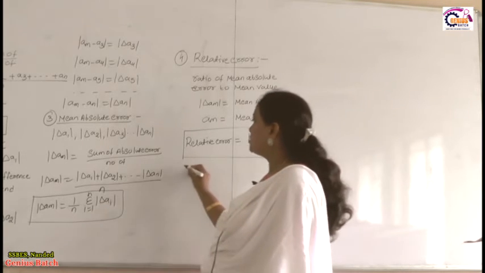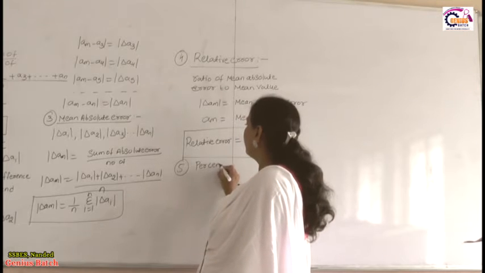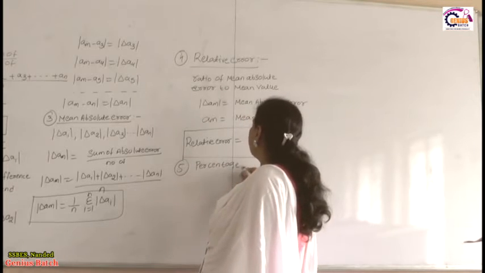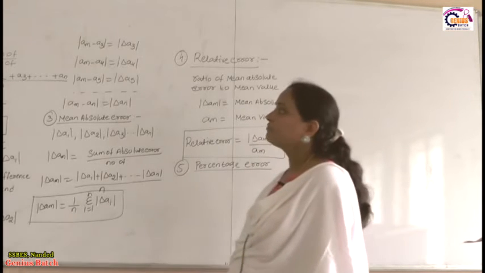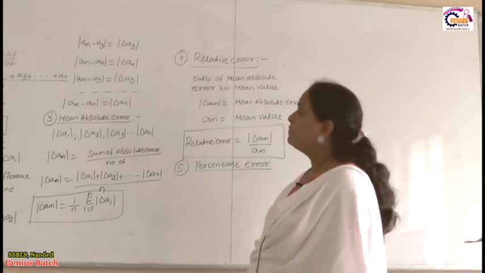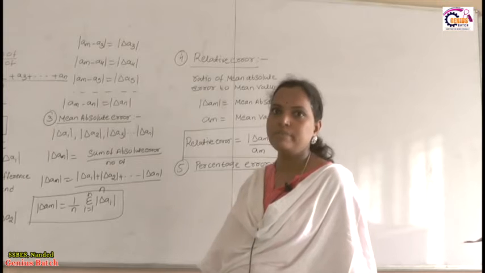Now the last step is the percentage error. Percentage error means we multiply by 100.